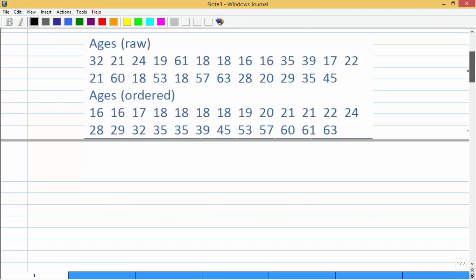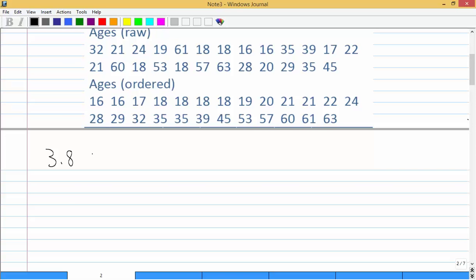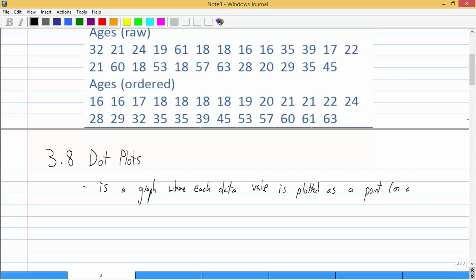All right, 3.8 is on dot plots. A dot plot is a graph where each data value is plotted as a point, or a dot, above a horizontal axis.